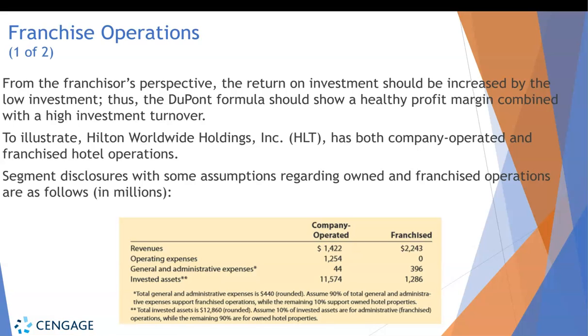As you see in this scenario, the company-operated revenues and operating expenses and invested assets versus the franchised revenues and invested assets and general and administrative expenses.